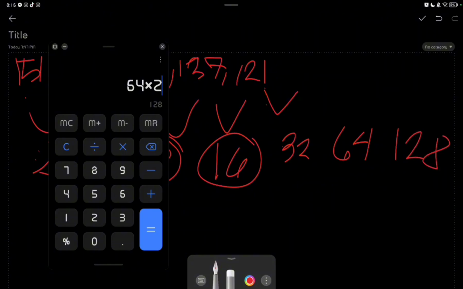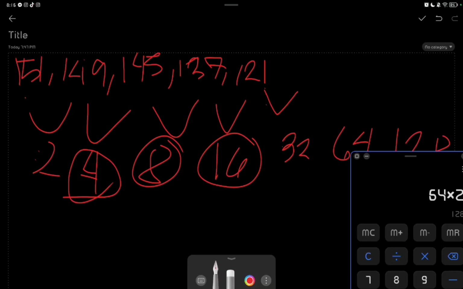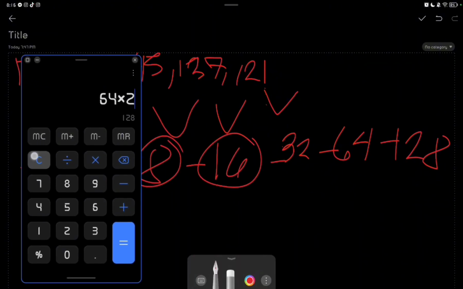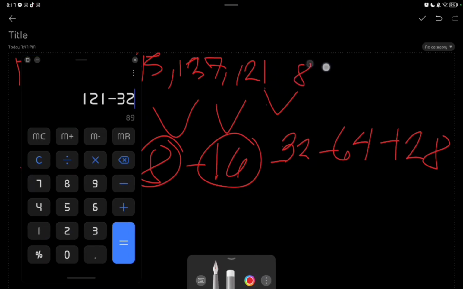So now we will subtract it. Okay, let's put the negative signs because we will minus it. So now 121 minus 32, it is 89.